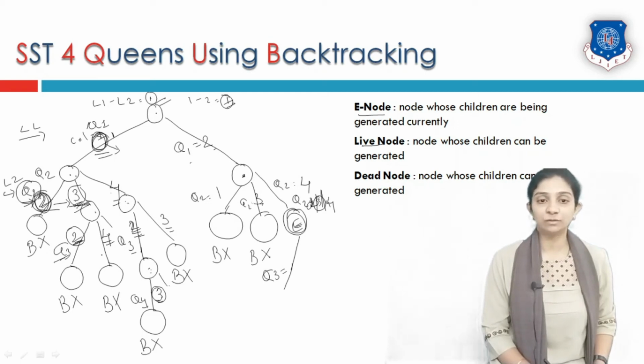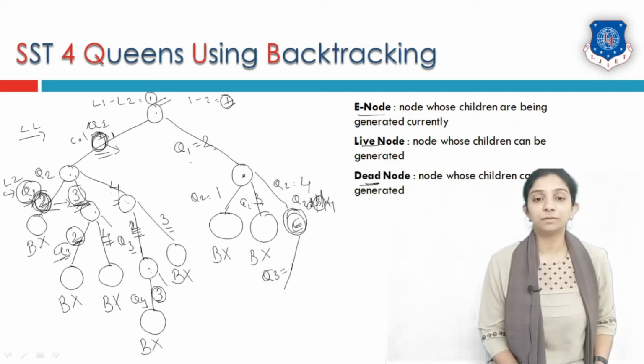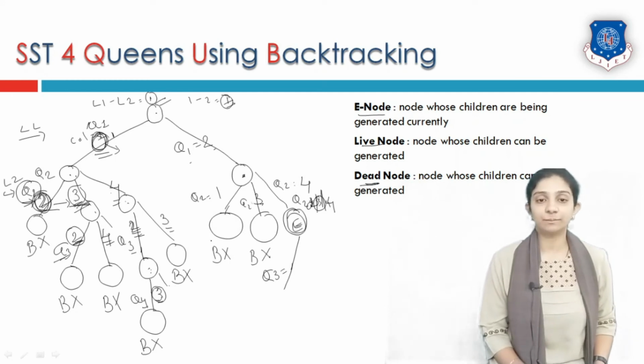So all these nodes are called live nodes, whose possible children have been generated. The last definition is dead node, a node whose children cannot be generated. For example, all those nodes which are bounded by some condition, whose children could not be generated, are called dead nodes. So all these crossed nodes are actually dead nodes.